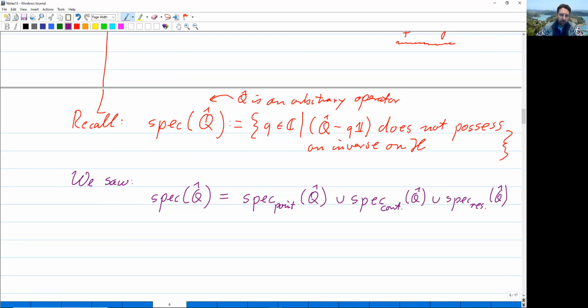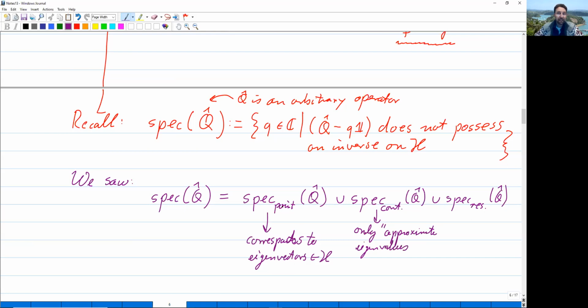Now this here corresponds to eigenvectors in the Hilbert space, and then here only approximate eigenvalues.